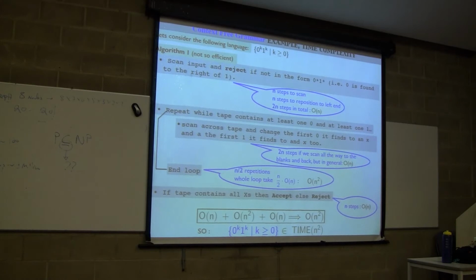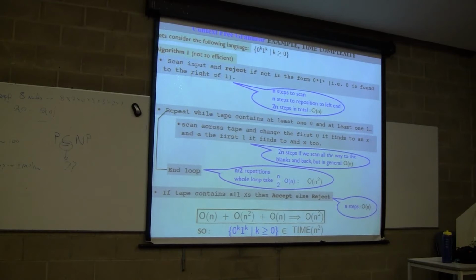Let's try to come up with a very naive algorithm that I have here, and let's assume that we are coding this in a Turing machine, so that we have pseudocode that is easy to understand. Now what we want to do is parse the string and understand if it belongs to this particular context-free language.